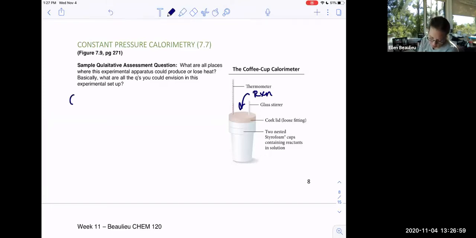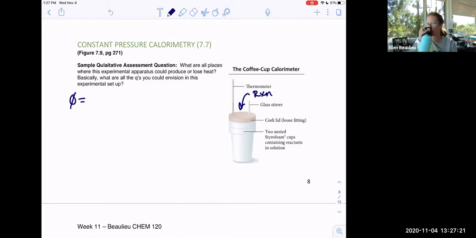I want to get us to that first law of thermodynamics, which says all the energy in the universe only changes form. We don't create or destroy energy. So what are the cues that could happen in this process? Just list them. What could give heat?